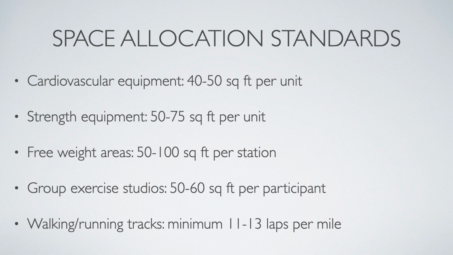Strength equipment, again, we have 50 to 75 square feet per unit. So every type of equipment that you have there. Then on our free weight areas, we have 50 to 100 square feet per station. Our group exercise studio, we have 50 to 60 square feet per participant. Walking, running tracks, minimum 11 to 13 laps per mile.